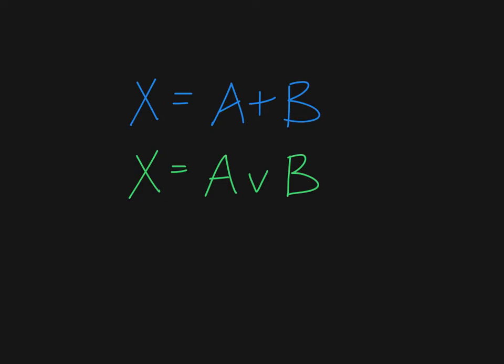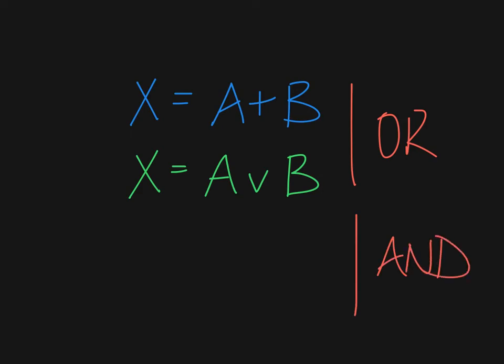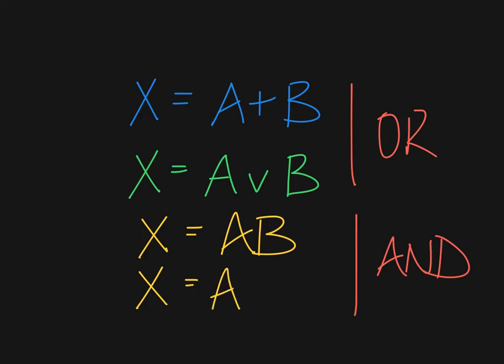That's another way of representing OR. And just by its natural contrast, because these gates often are seen together, the two ways of representing AND are A times B and A with that little V sign flipped over B.